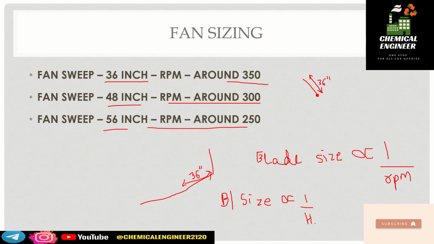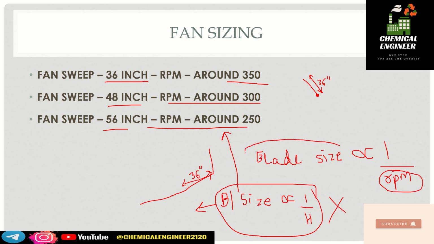Is it true? No. Why is it not true? Because this is not an ideal condition case. Blade size is independently designed on the basis of RPM. RPM and blade size are dependent on each other, but blade size and the height of a ceiling, those two are independent of each other. So there is no relationship between the blade size and the height of the ceiling.